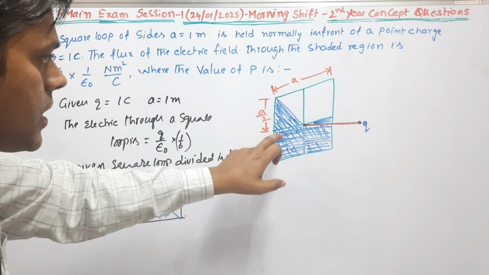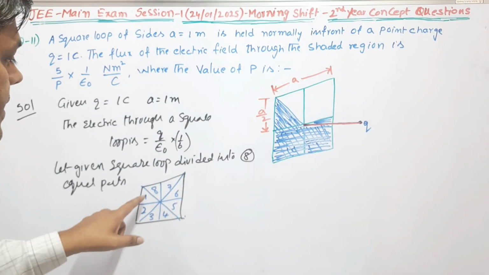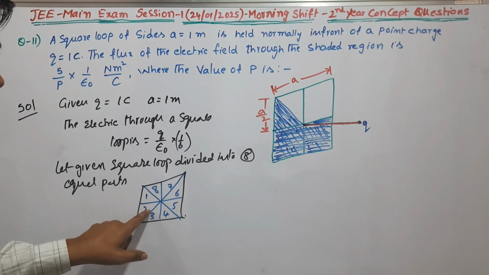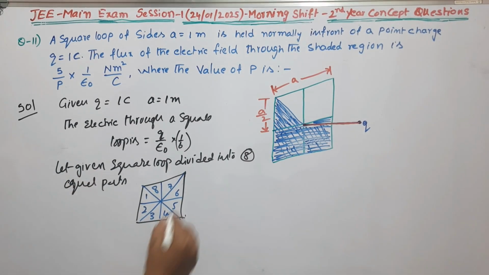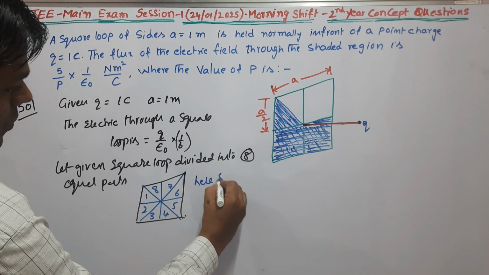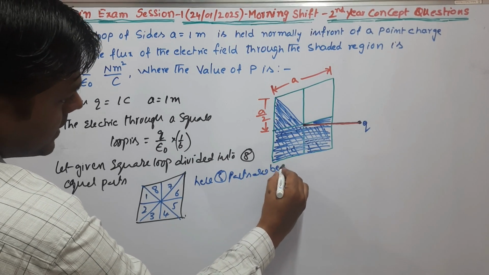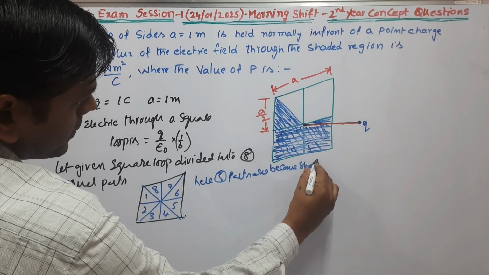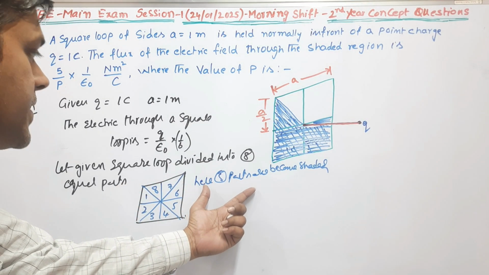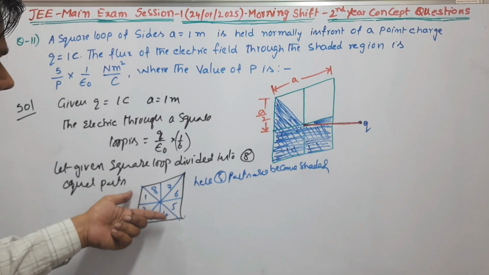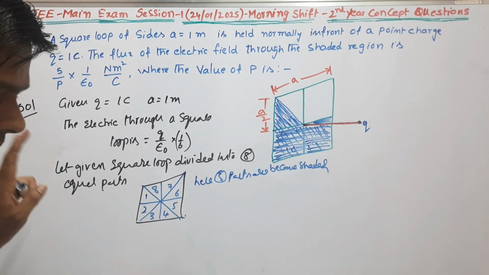According to this one, how many parts become shaded? To see this part, that means 1, 2, 3, 4, 5. That means 5 parts become shaded. So, what is asking? How much flux is emitted from these 5 shaded parts after this square loop is divided into equal parts? This is asking.